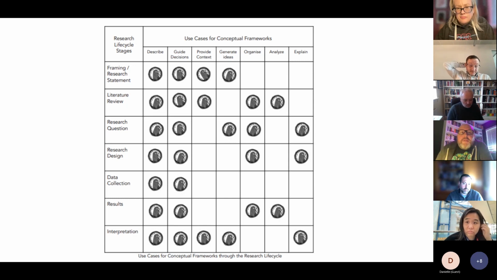If you're traveling between these places, you get a stamp on the card to show you've been there. And part of the idea here was to show you can use conceptual frameworks at different points in the research process for different reasons, making that explicit and trying to shed some light on that. For the next slide, please.